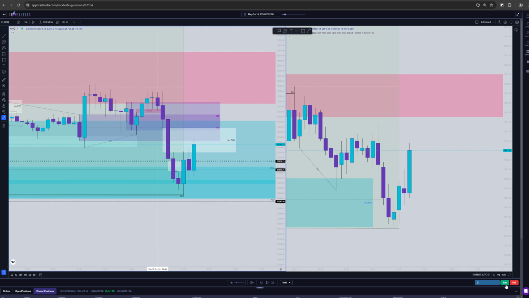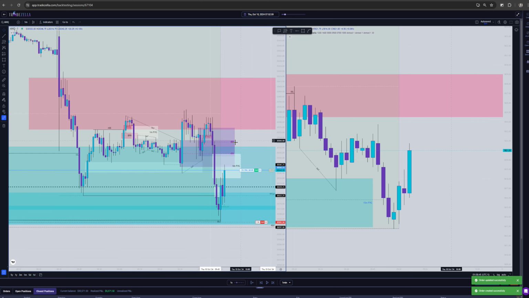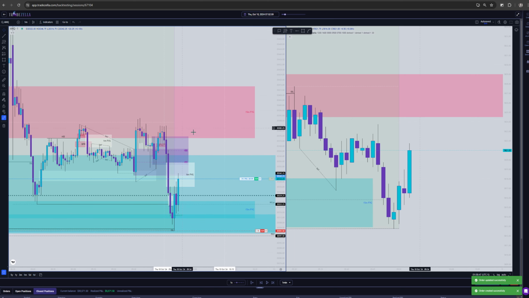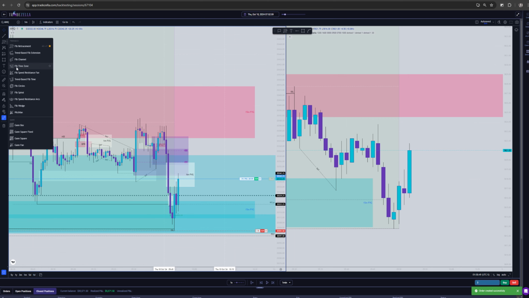Let's go for 3. Buy. Okay. I'll put my stop loss below that liquidity sweep. And I want to target a 2-to-1, pretty much is what I always want to try to aim for. It's just a 2-to-1. Don't be greedy.